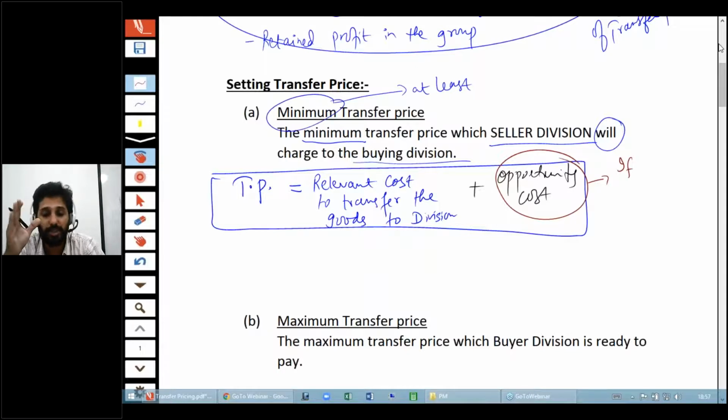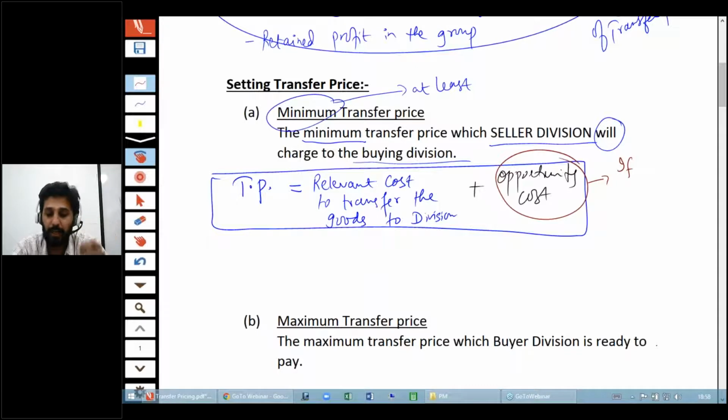This is the special decision making, and you should consider this lost opportunity if, because of selling this product to me, your external sales are getting lost.